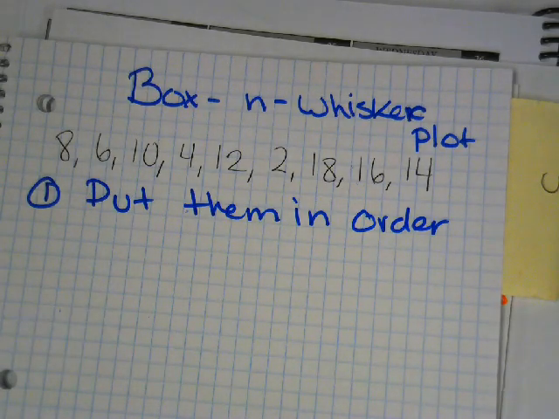Put them in order. Ashley, did you put them in order? Smallest number, that's not hard to do. What's the smallest number? Cross them out as you go so you don't get confused.